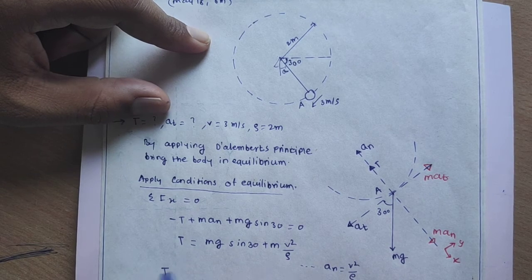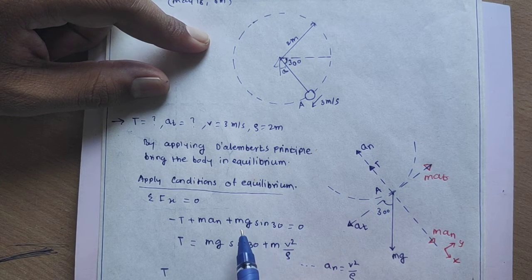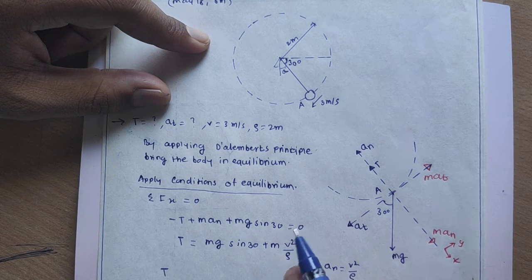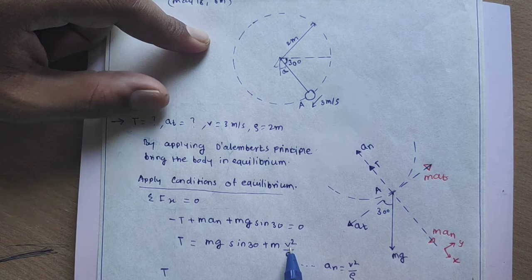Next we can put in the values, because we know the mass is 10 kg, g we also know, and the velocity is 3 meter per second.